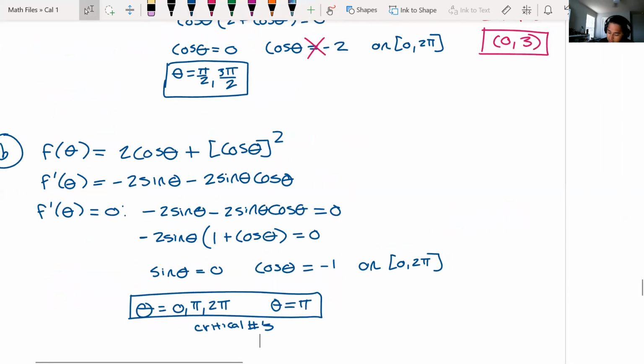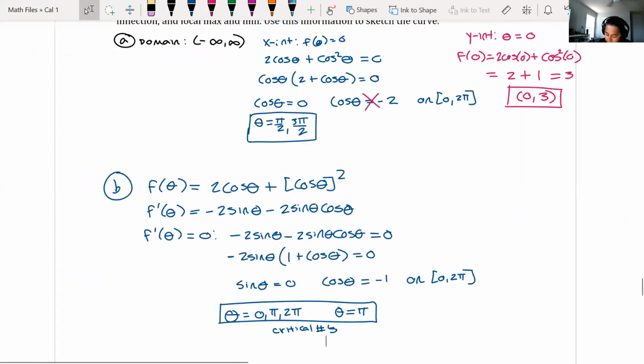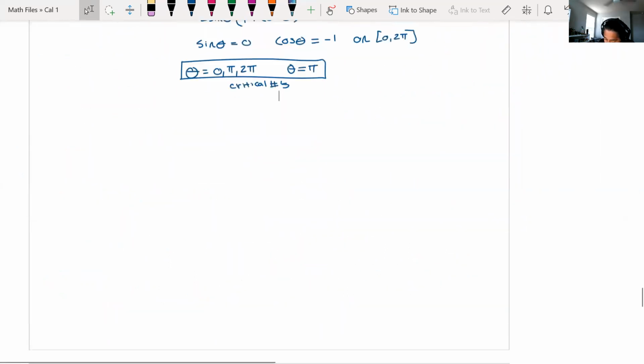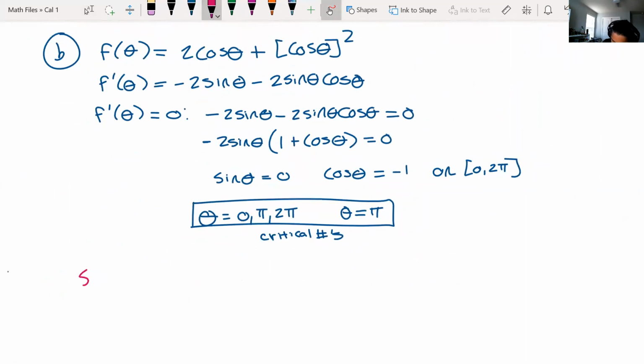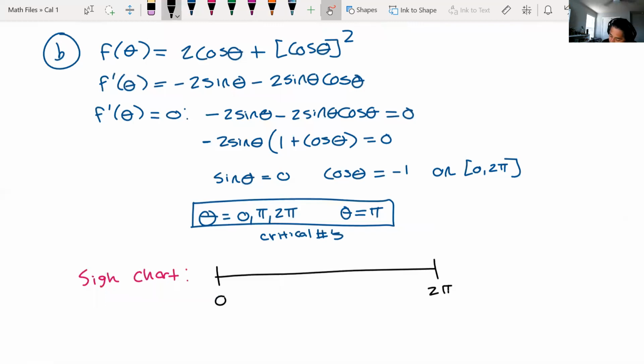Sign chart time. All right, sign chart. We have to work between 0 and 2 pi. So once again, everything else is on our unit circle. 0, pi, 2 pi. All right. So here's a critical number.